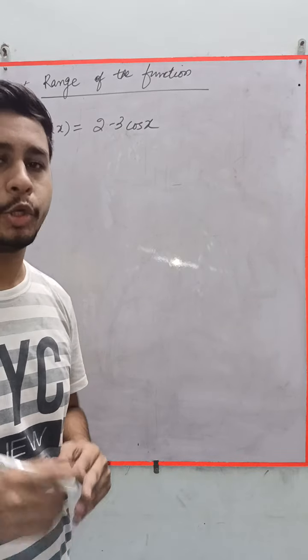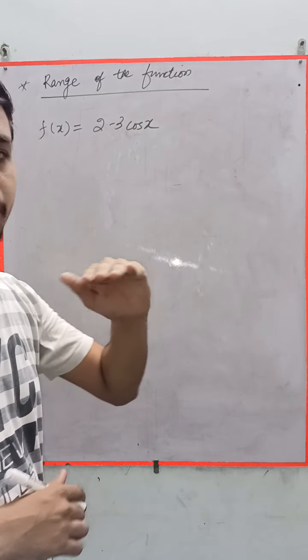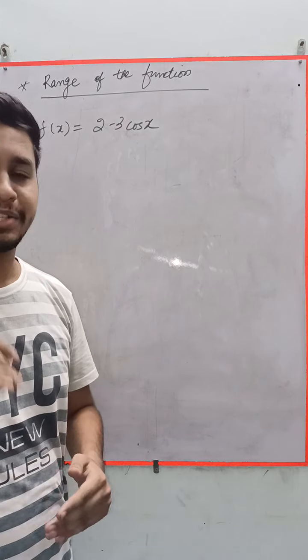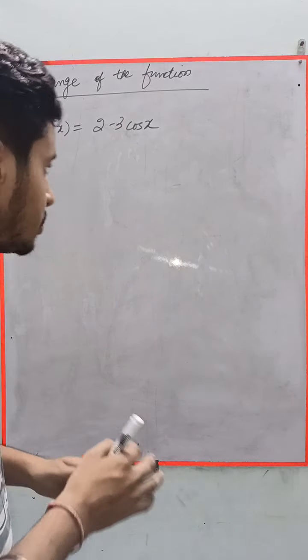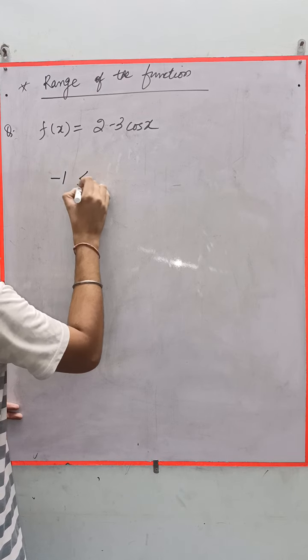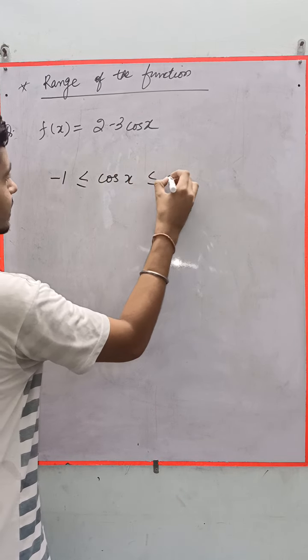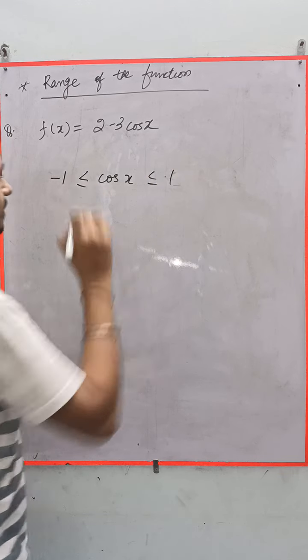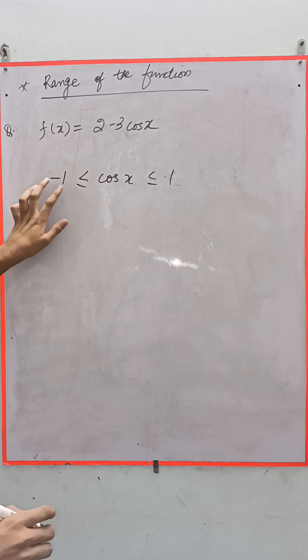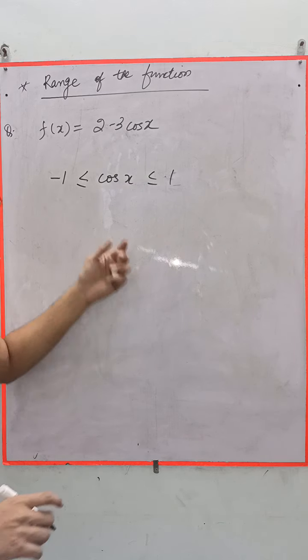Similarly, the range of cos is from -1 to +1, both inclusive. So we know -1 ≤ cos x ≤ 1. In 11th class we have seen this is the range of cos x. The values of cos x should lie between -1 and 1.